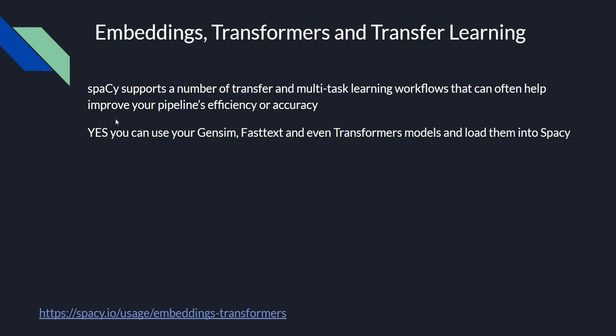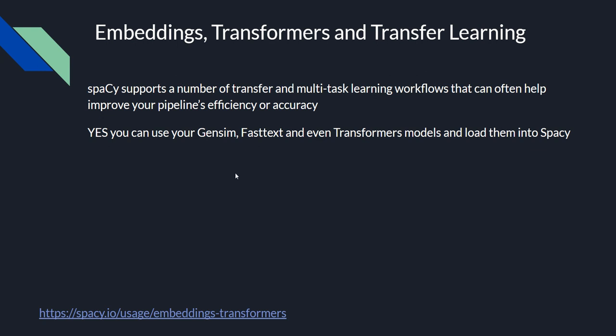Embeddings, transformers, and transfer learning. SpaCy supports a number of transfer and multi-task learning workflows, and it can help to improve the pipeline efficiency or accuracy. You can build a transfer learning or a deep learning model from any of those languages or frameworks, and use it with SpaCy's inbuilt rule-based engines, or your own rule-based engine.